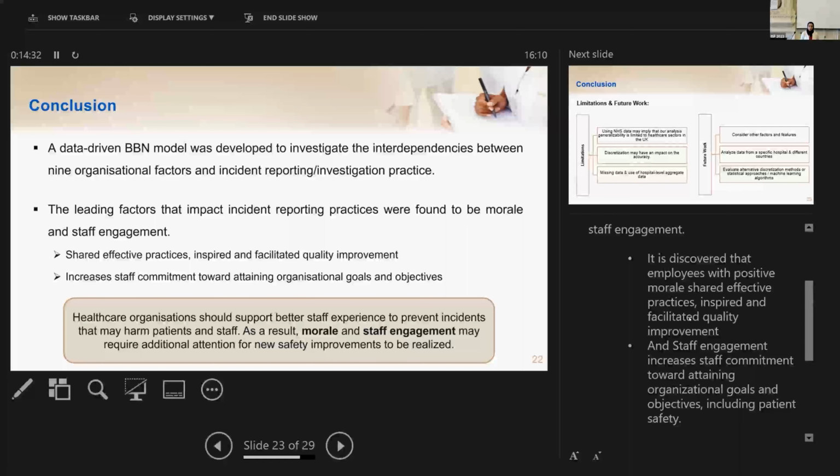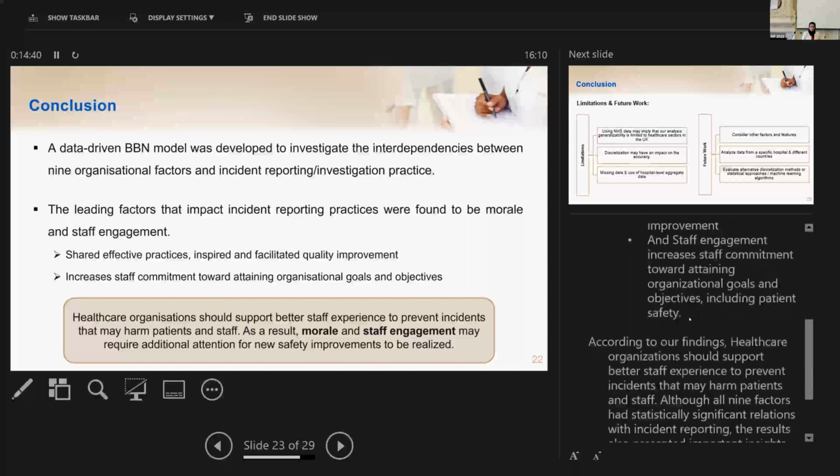Staff engagement increased the staff commitment towards attaining organizational goals and objectives, including patient safety. Healthcare organizations should support a better staff experience to prevent incidents that may harm patients and staff. As a result, morale and staff engagement may require additional attention for new safety improvements to be realized.